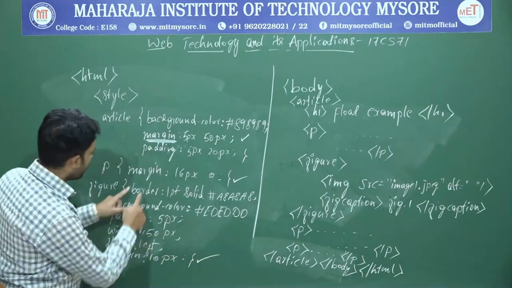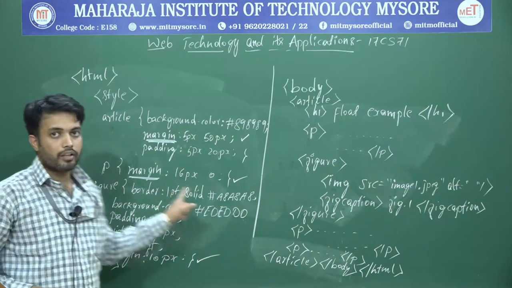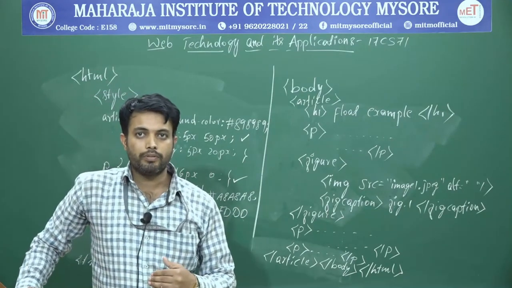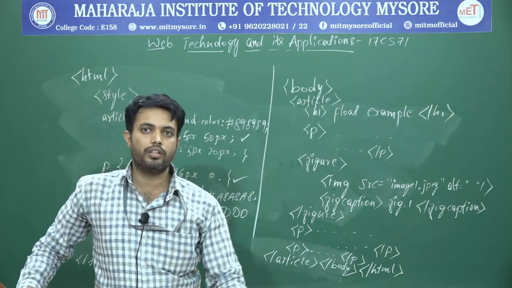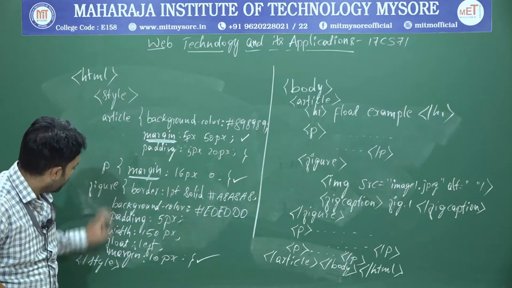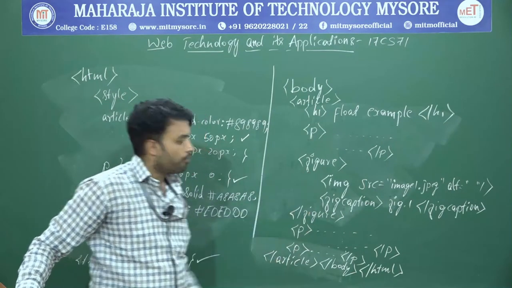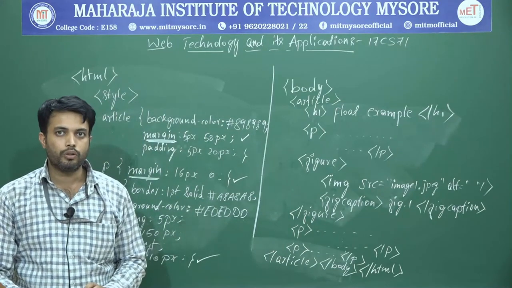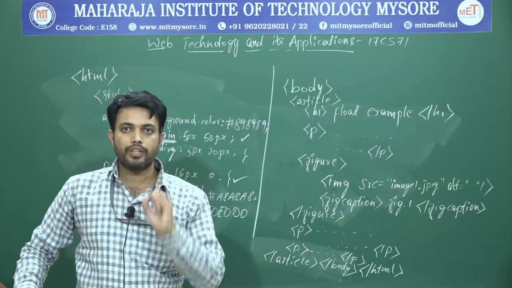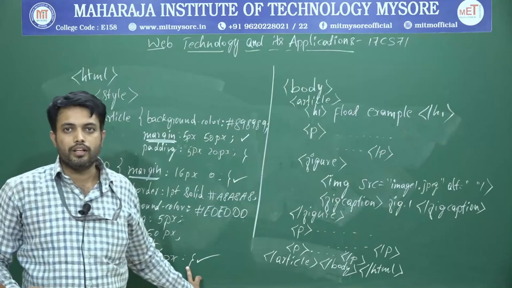And the p margin, that means the paragraph margin, is the margin between one paragraph and another paragraph. And what about this margin within this figure? In this figure we have both the image as well as the caption. Together they form the figure. For that figure again there is a margin of 10 pixel.